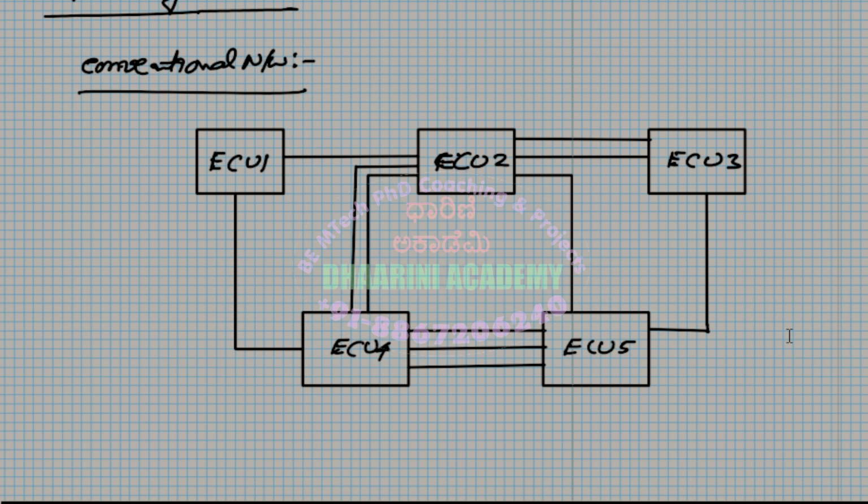Whenever I'm adding a new node, maybe ECU6, whichever you connect, it should have its own protocol to connect with all the other five nodes. So you need to develop five different protocols, basically. That is a very difficult job.